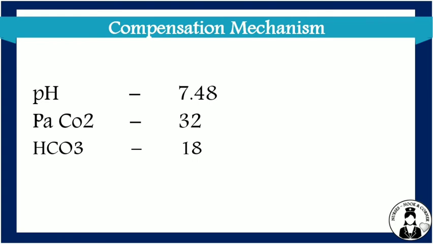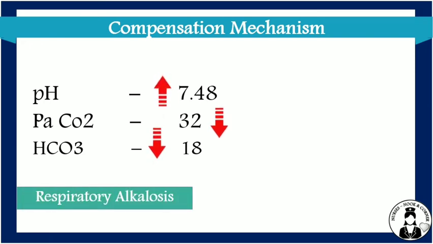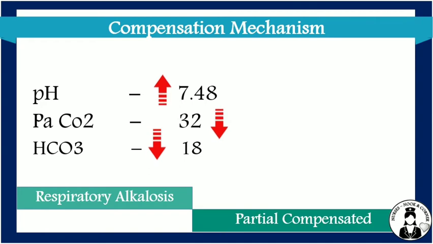But whereas in PaCO2, if it is decreased, it comes under base. Since pH is alkalosis, then the condition is respiratory alkalosis. So here HCO3 is also decreased to compensate the pH, but fully it has not been compensated. Hence it is partial compensated respiratory alkalosis.